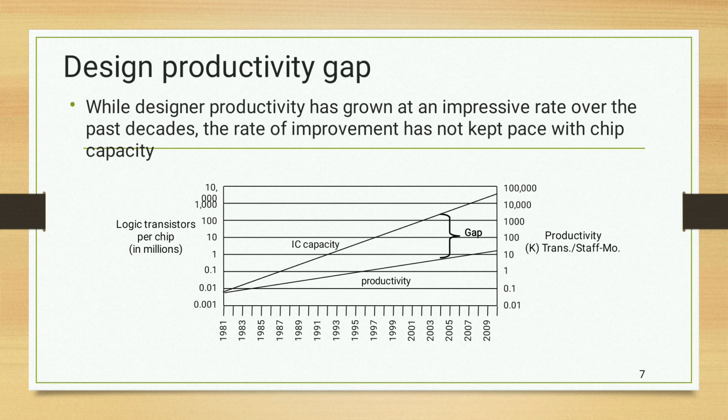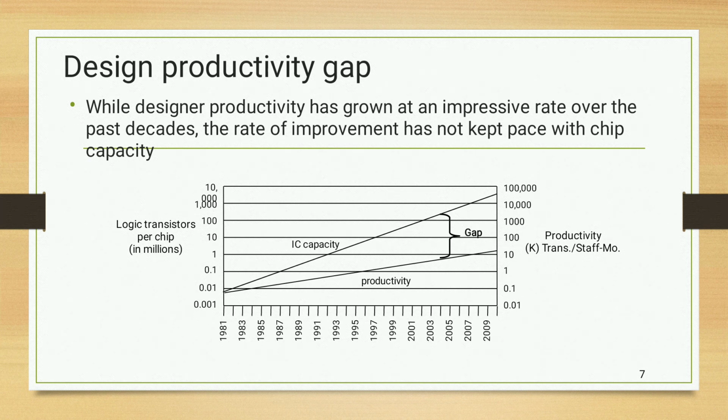Common standards include language standards, synthesis standards, and library standards. The given graph shows the logic transistors per chip in millions over the productivity. In 1981, a leading edge chip required 100 designer months, that is 100 transistors per month.